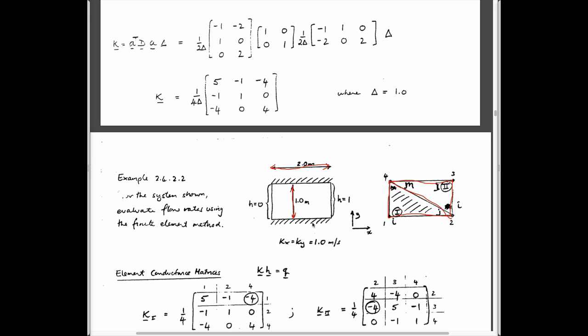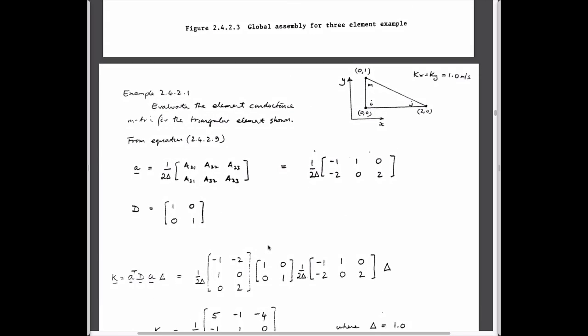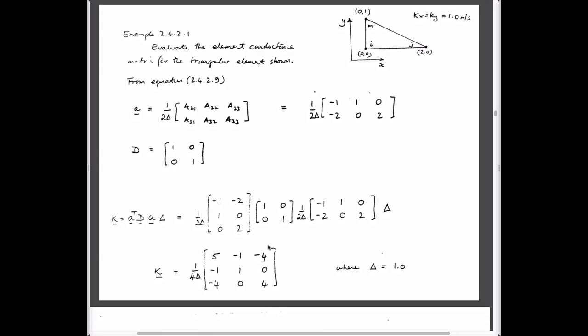The hydraulic conductivity is equal to 1 meter per second. The thickness into the page is 1. And so we can put together all the components we need for this. This is our geometry, 0, 0, 2, 0, and 0, 1. We need to put together the A matrix, which defines this behavior.